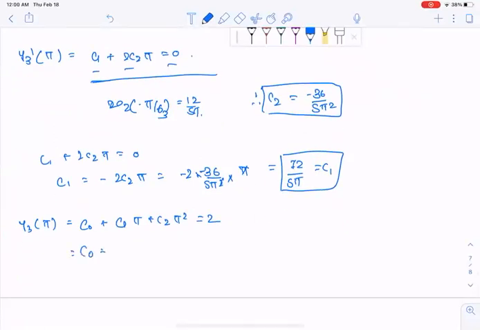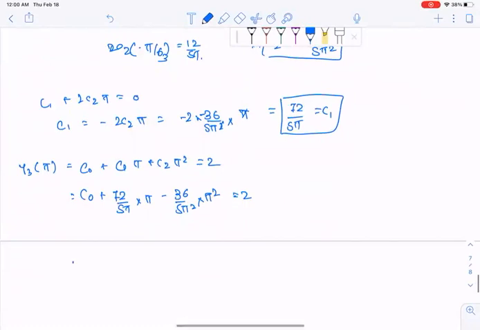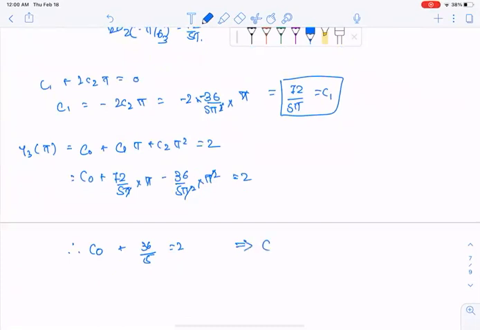So c0 plus 72 by 5 pi into pi plus minus 36 upon 5 pi square into pi square is equal to 2. That is c0 plus 36 upon 5 is equal to 2, which eventually gives me 2 minus 36 by 5, which is minus 26 upon 5. So value of c0 is equal to minus 26 by 5.